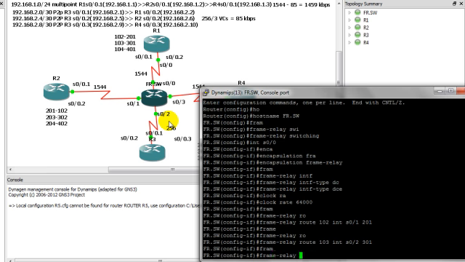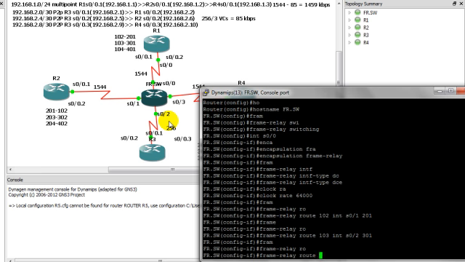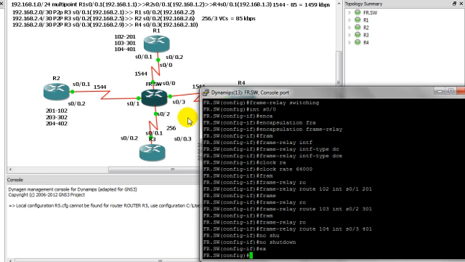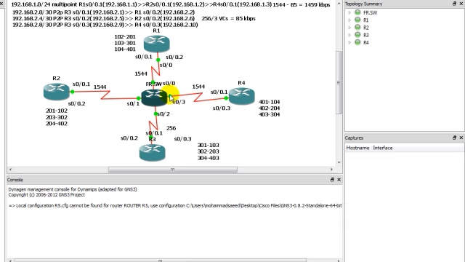And the last one, it will be route 104, exit through serial 0/3, which contacts with router 4, with 401. So that's it, make no shutdown. Now we finished our configuration on this interface which contacts with router 1 with these DLCs.